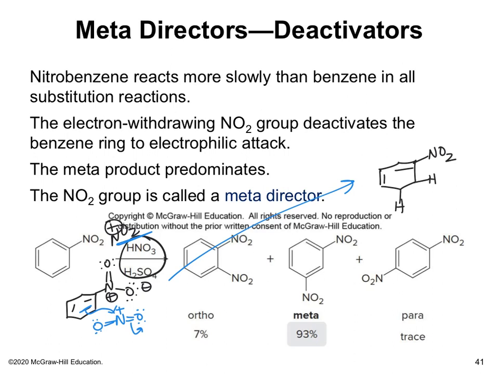Hydrogen, hydrogen. Now I have to decide which carbon am I going to put this on. Am I going to put it on the ortho or am I going to put it on the meta? This is a positive. See the positive? So this is an electron withdrawing group. It's going to be slow and it's going to be a meta director. So now I'm going to pick the meta.